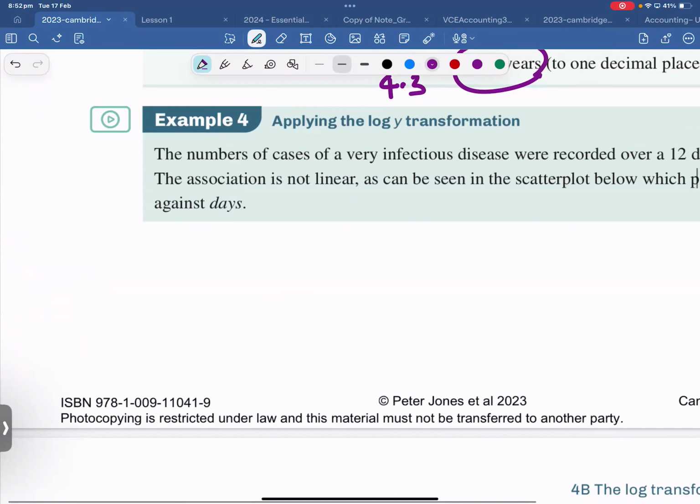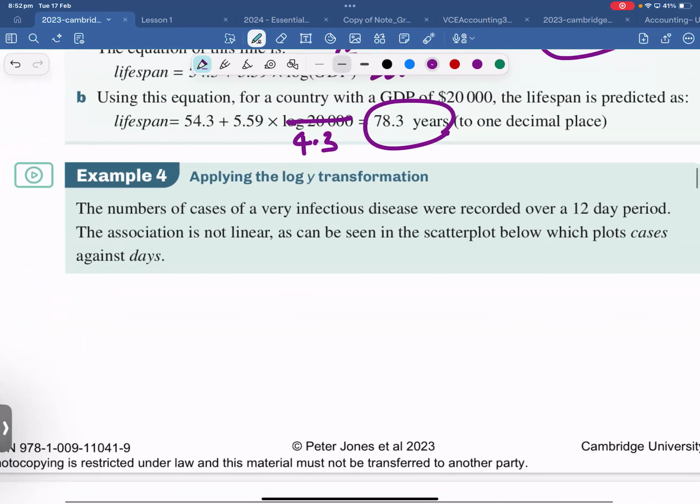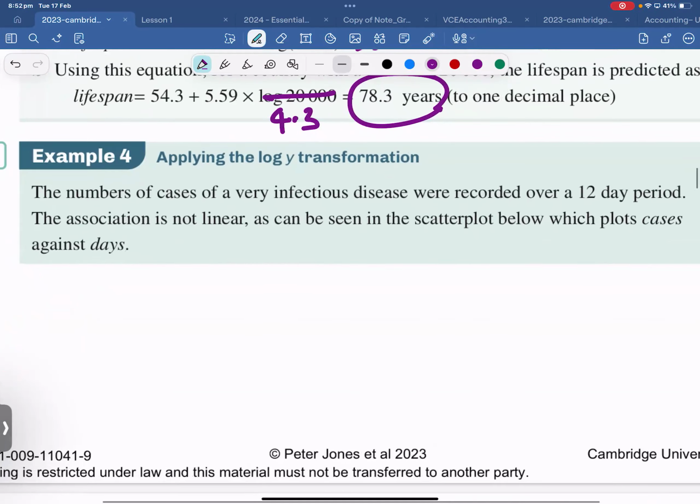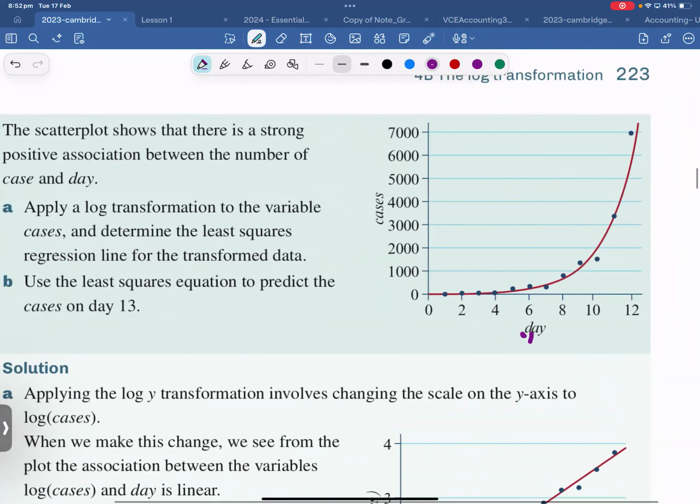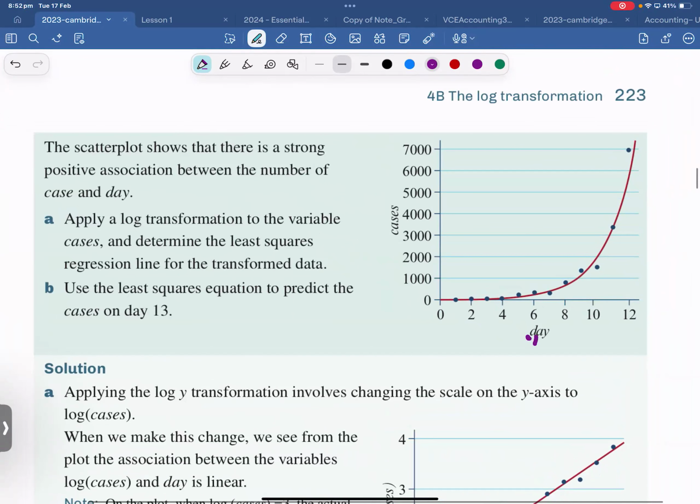Example 4, applying the log y transformation. This is about an infection, like COVID. As the days go on, the values are going to increase exponentially. Remember what happened with COVID?